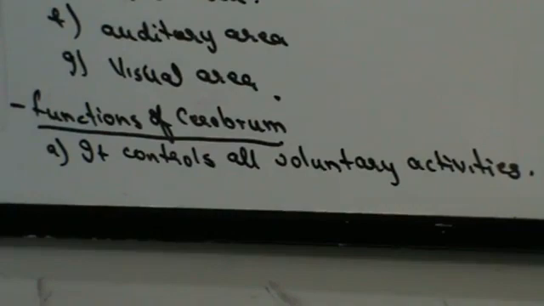Then it responds to stimuli, that is, it responds to heat, cold, pain, touch, taste, light, pressure, etc. It has strong control over laughing, weeping, and all your emotions. It is the seat of consciousness.